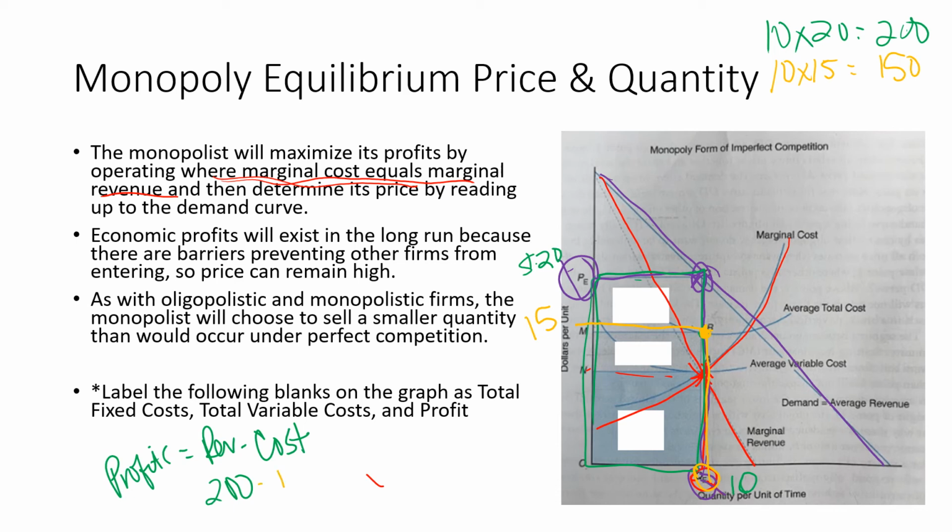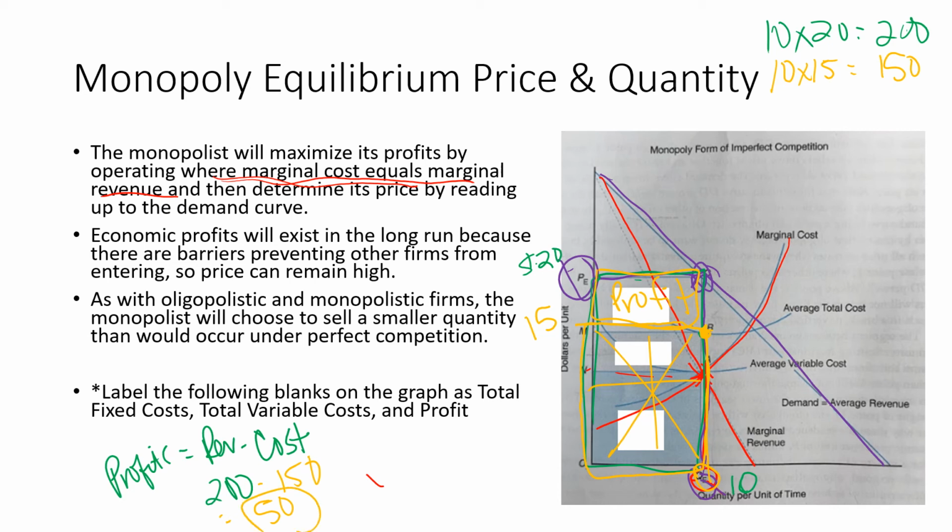So our profit in this case is going to be 50. And this whole thing is going to be our profit. Nope, sorry. This whole thing is going to be our cost, because these are all of our costs, okay? So again, our profit is going to be 50.